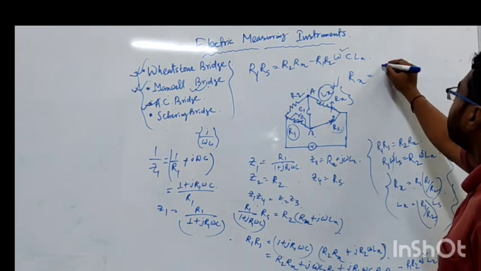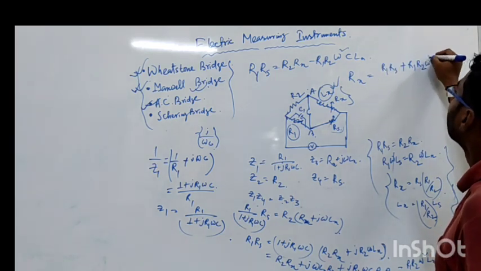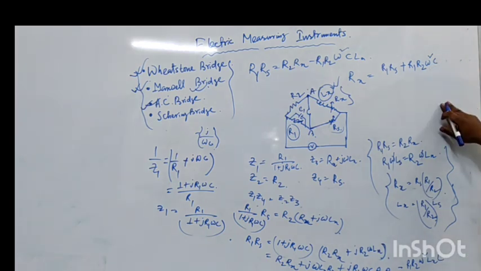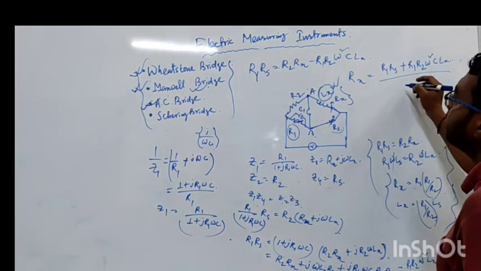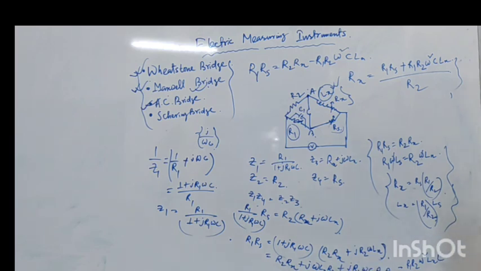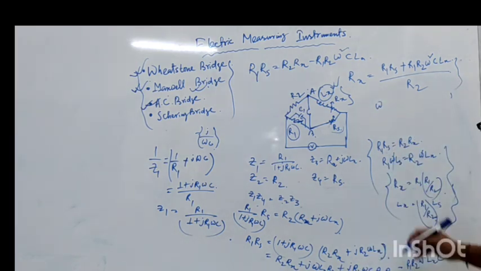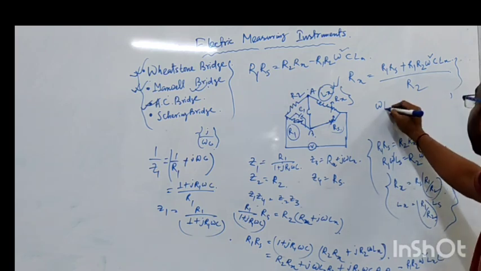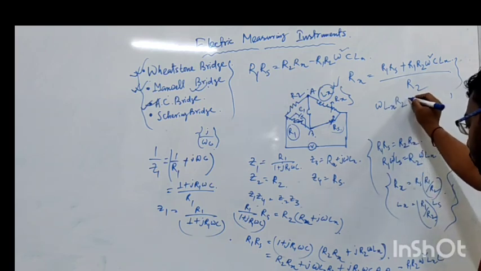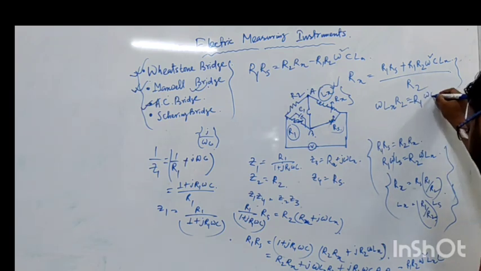Rx will be R1 Rs plus R1 R2 omega squared C Lx, divided by R2, and as well as we can equate the imaginary part, omega Lx R2 equal to R1 omega C R2 Rx.